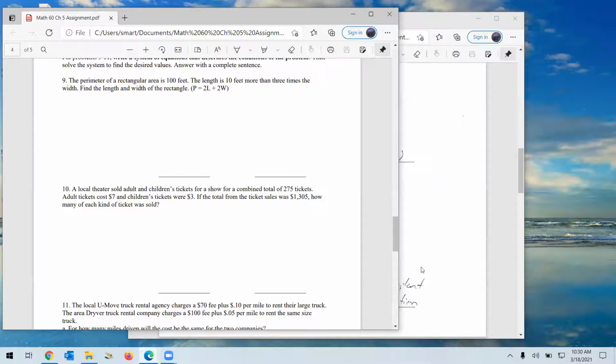The L's and W's are like X's and Y's, just turned around. That has to add up to 100 feet. And then you have to come up with that second equation based on the next sentence, and do your substitution. Yes, this is usually a substitution problem.